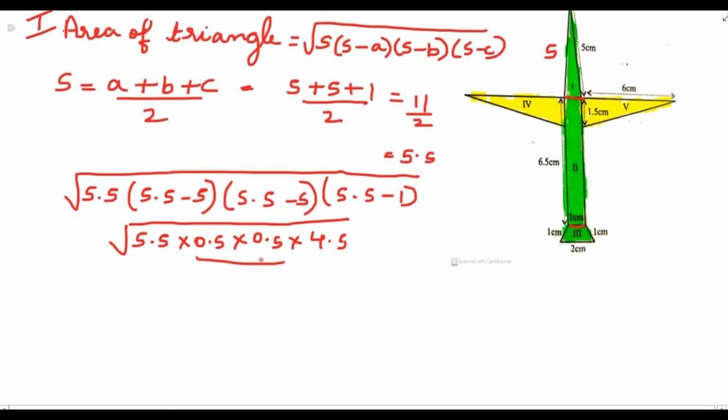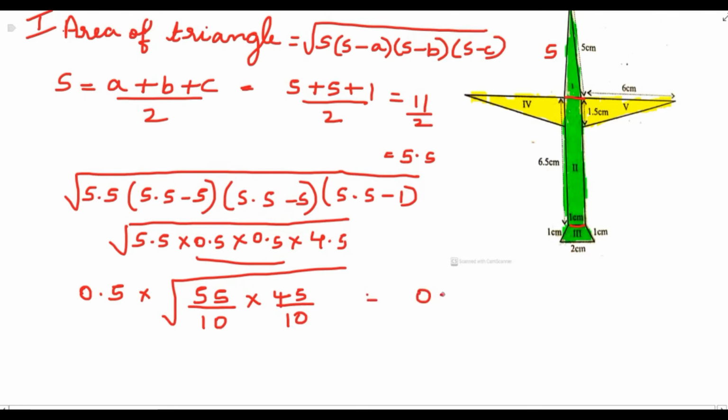Since 0.5 is there twice, one 0.5 can be taken outside. Now for easy calculation, I can write 5.5 as 55 divided by 10 and 4.5 as 45 divided by 10.